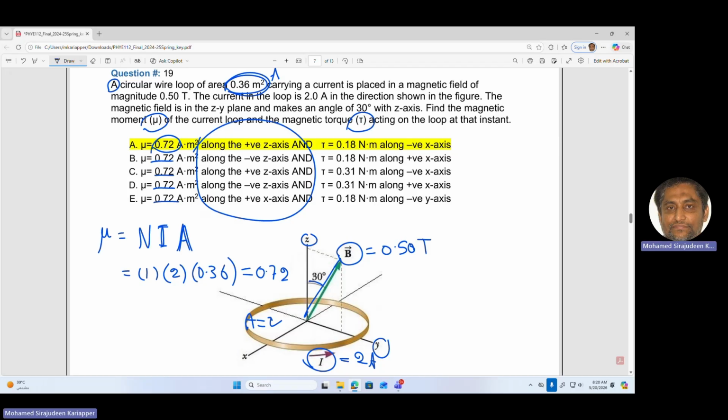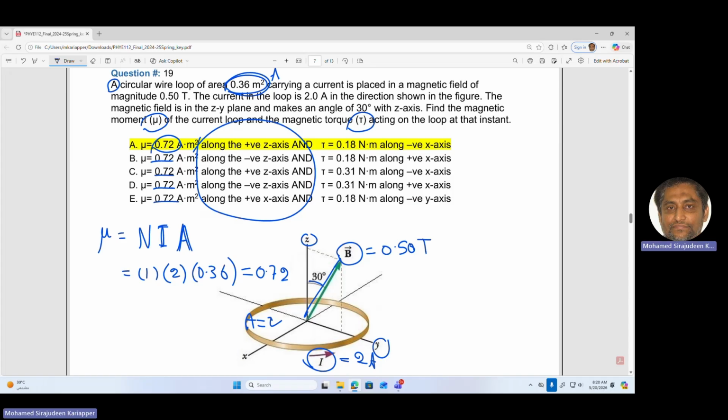Of course, the answer is given, but let's say you don't know the answer. It could be either A, positive z-axis, or B, negative z-axis, and there are other choices. Either positive z or negative z. Which one is correct?